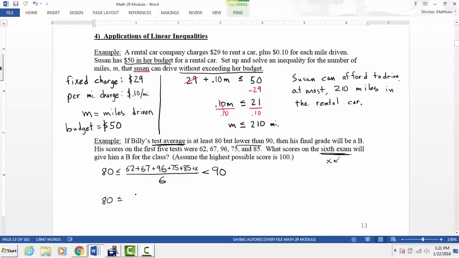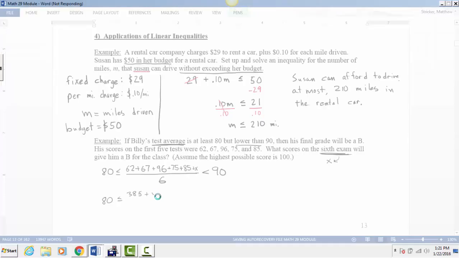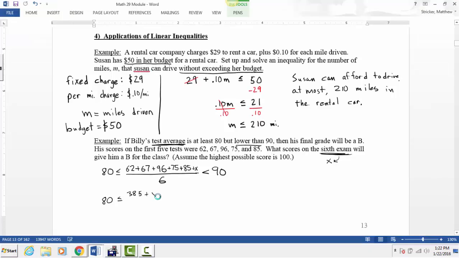So we have 385 plus X, divided by 6, is less than 90. Now, we just solved one like this a little while ago. We want to get the X by itself in the middle, remember?